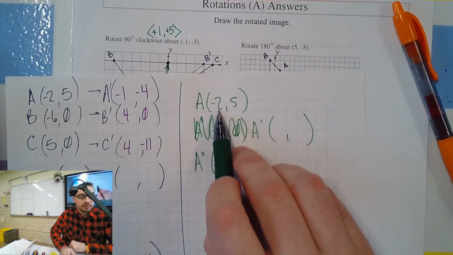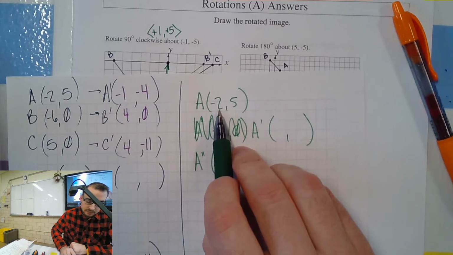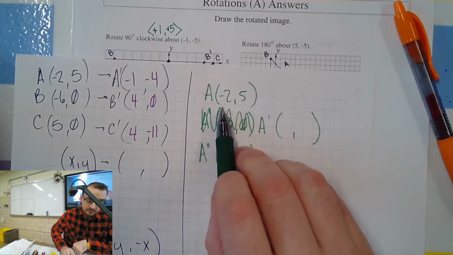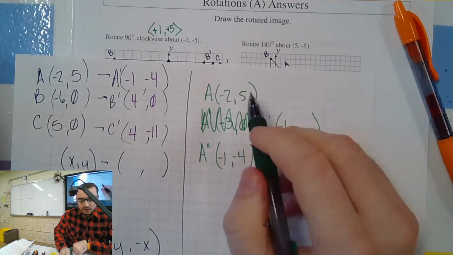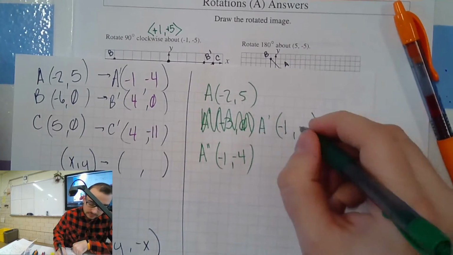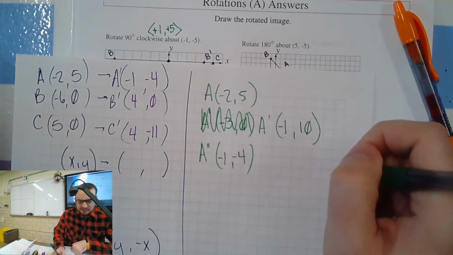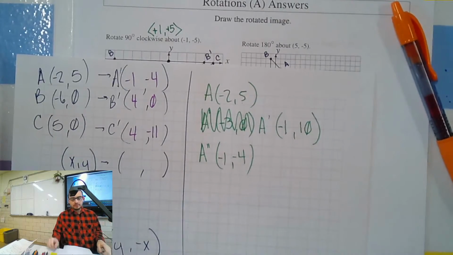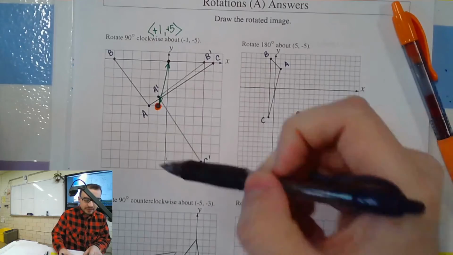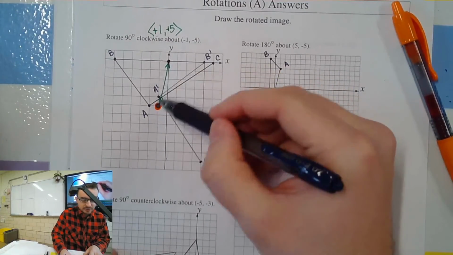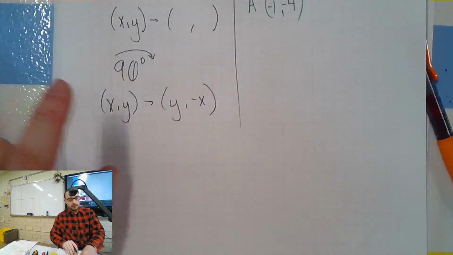What happens to the -2? -1, because I'm adding 1. What happens to my 5? It becomes a 10. Ugh. Flip those, that's not going to get me anywhere. The goal that I'm trying to present is trying to get these to be the same, because if they're the same, then we know our rule, right? Flip and change the signs.